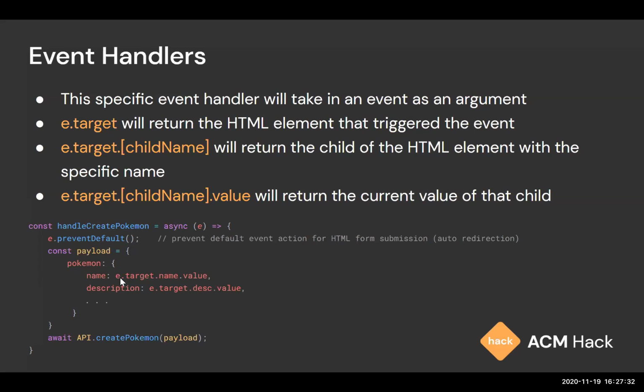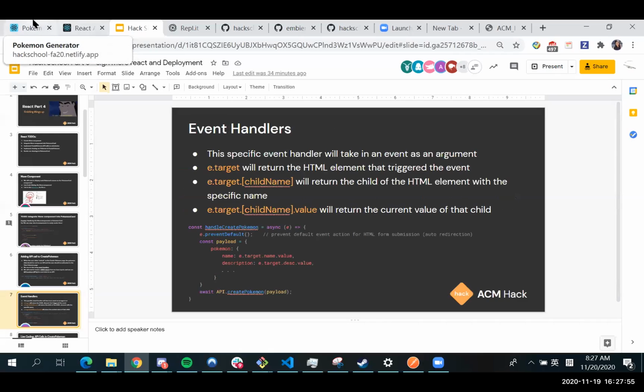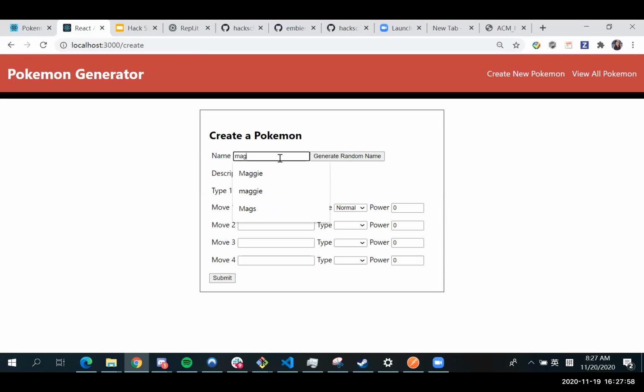So e.target.name will be referencing the name input field, and e.target.dsc will be referencing the description input field. If we put .value at the end, we will be accessing the current value of that child. For example, if I put the name Maggie here, press the submit button and console log event.target.name.value, it will console log Maggie.